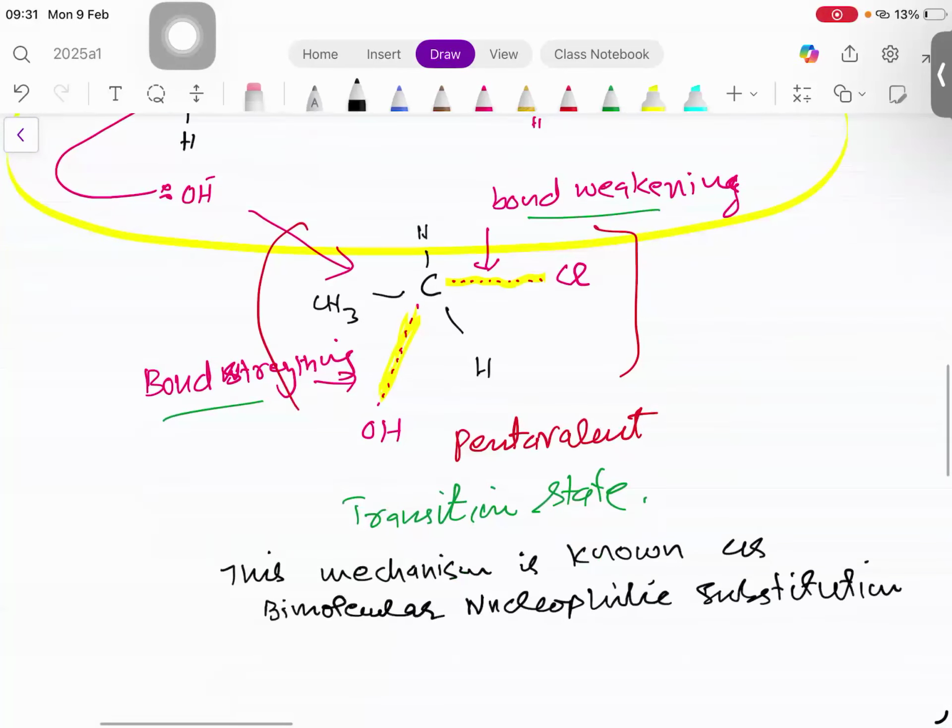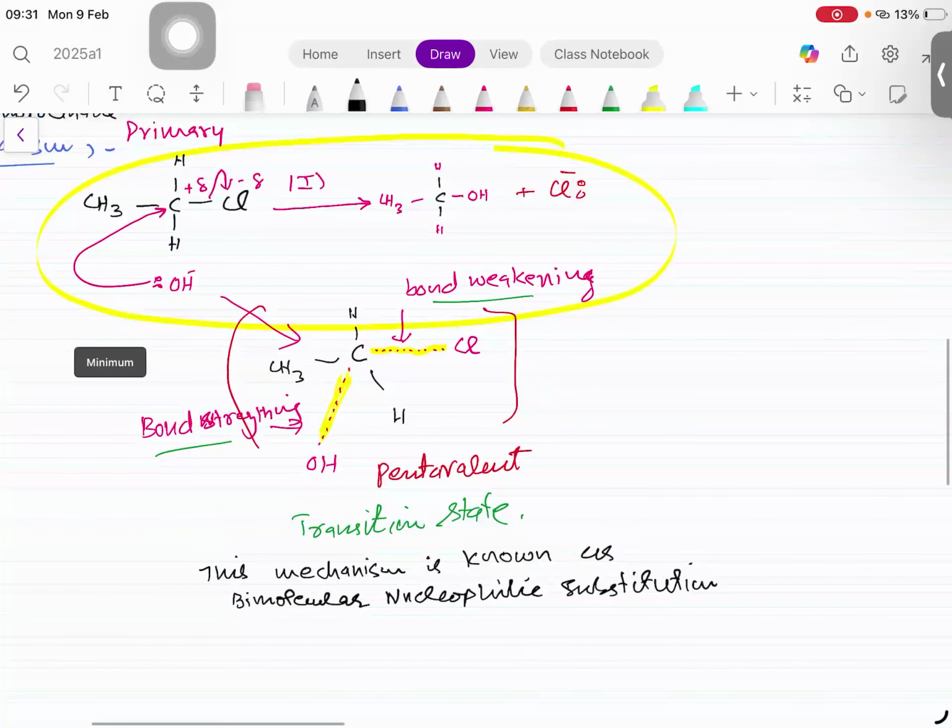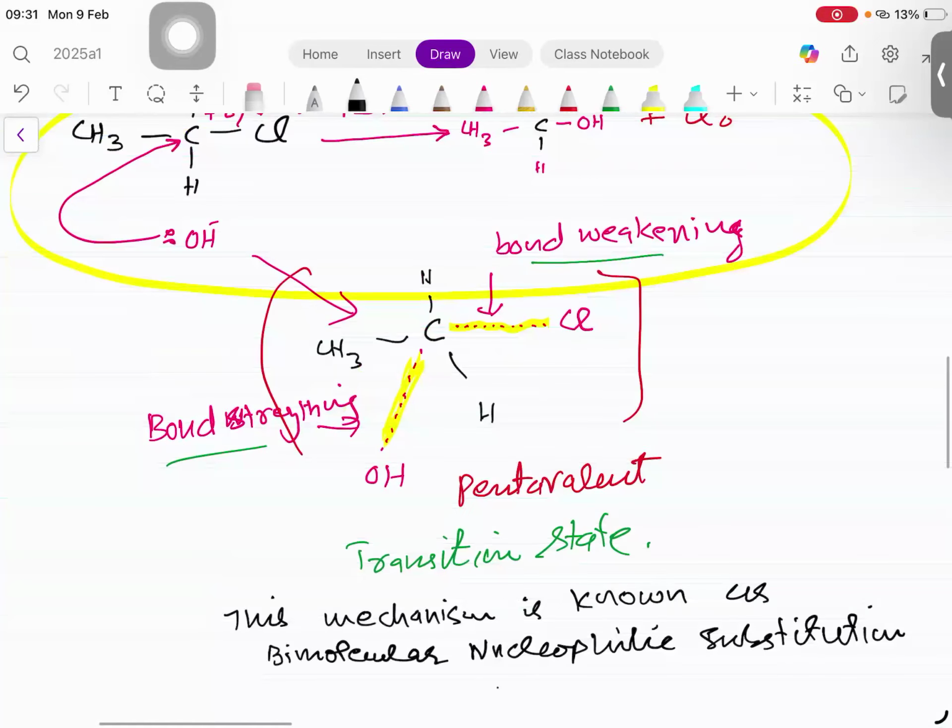This mechanism is known as SN2. So 2 means bimolecular, N means nucleophilic, S means substitution. So bimolecular nucleophilic substitution.